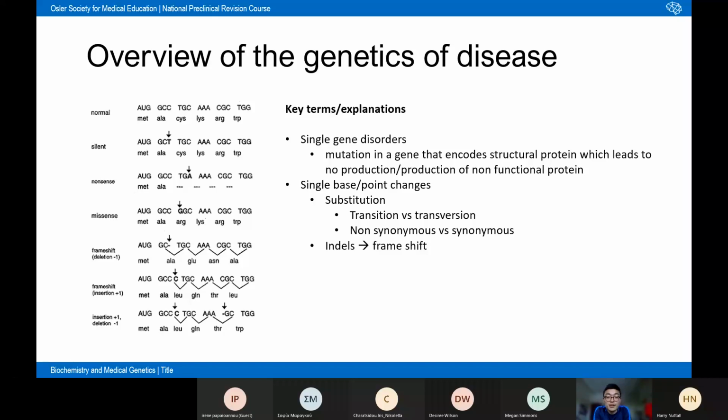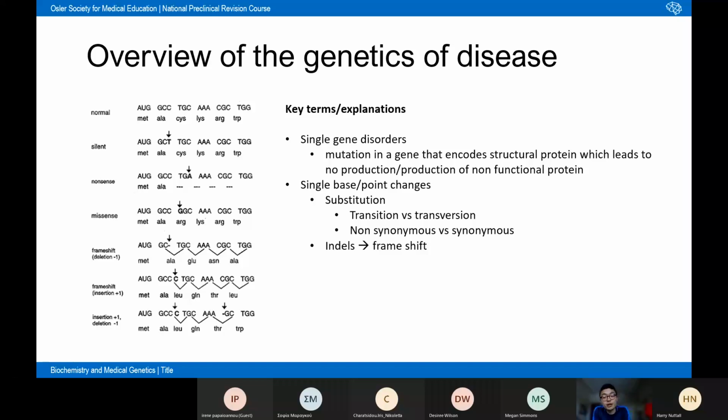These substitution events can be synonymous in the sense that they don't change the amino acid sequence, and this is because of redundancy. What we mean is some amino acids are coded for by more than one codon, and therefore changing one nucleotide might not change the amino acid sequence. This leads to what we call a silent mutation, which we can see on the diagram on the left in the second line. We've changed a nucleotide, but the amino acid remains the same compared to our normal sequence.